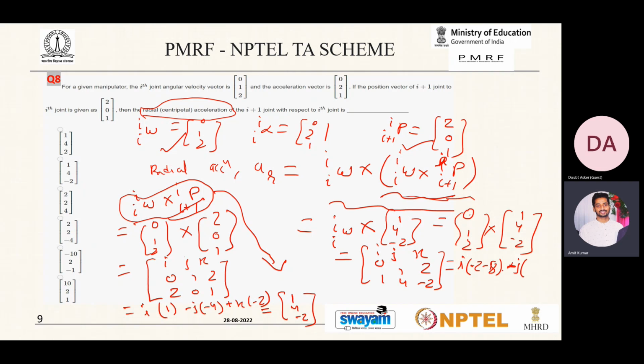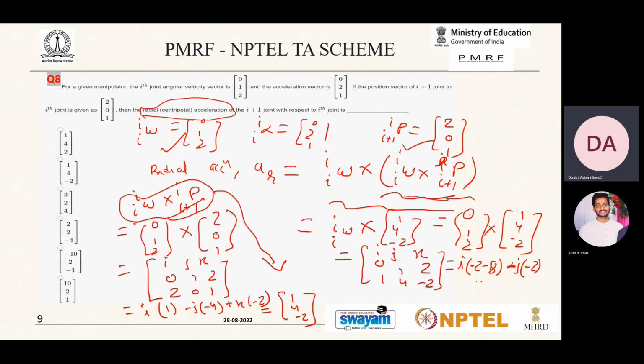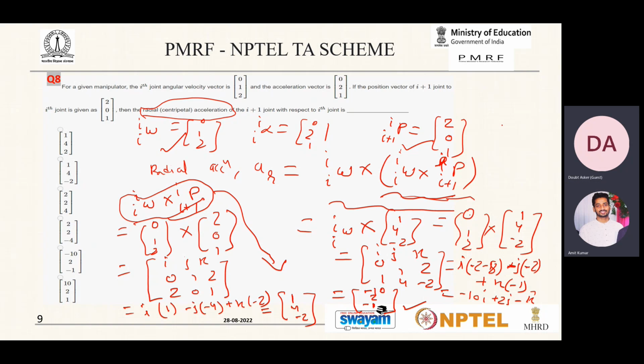Then minus j, and that will be minus 2, and plus k, that is minus 1. So this is how you find the cross product. So what do we get here? Minus 10i plus 2j minus k, and that you can write as minus 10, 2, minus 1.